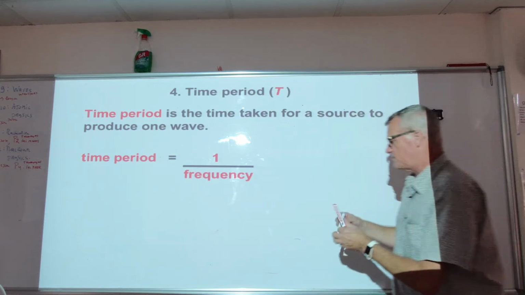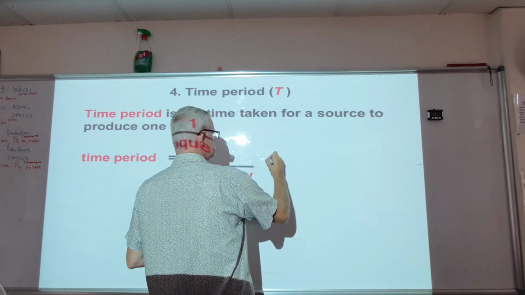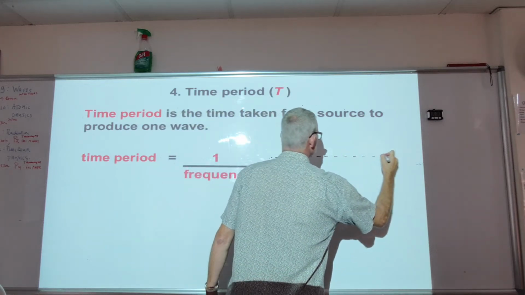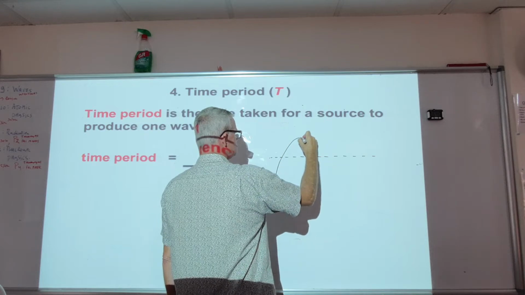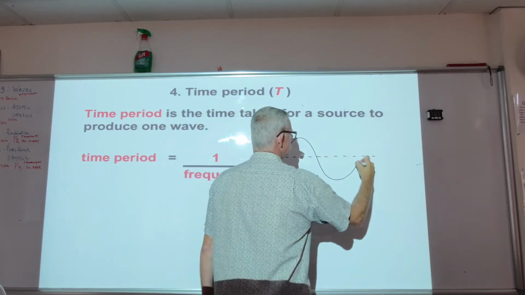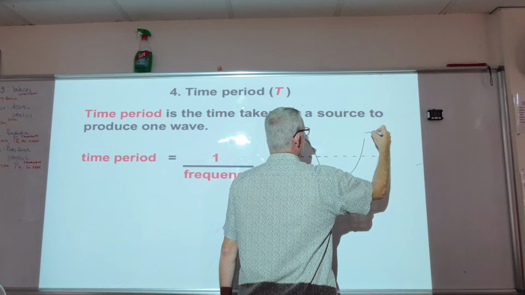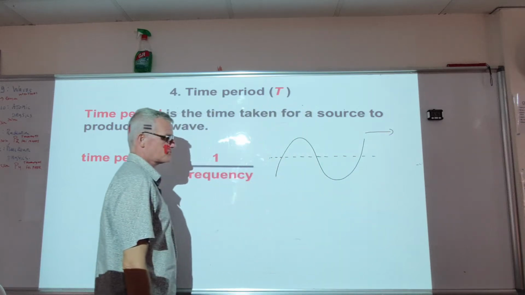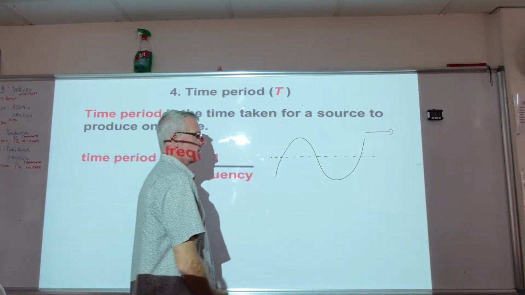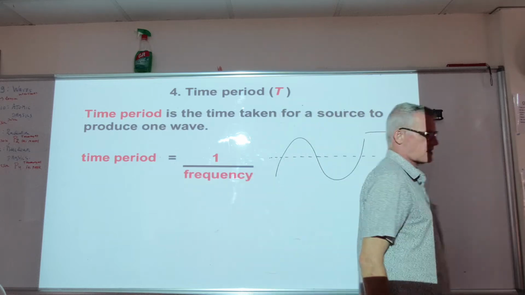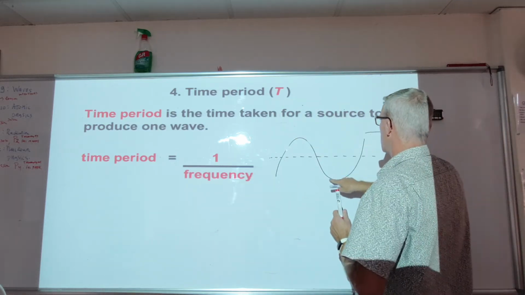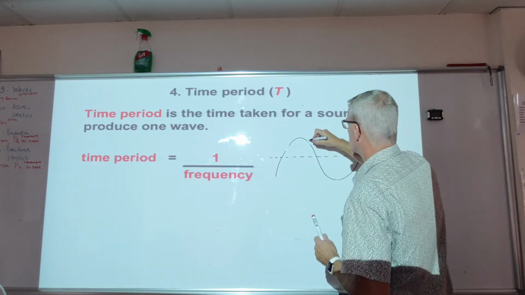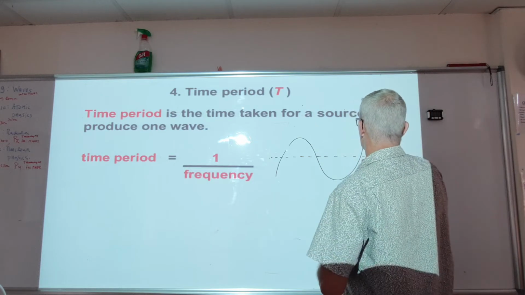Now let's look at the wave. Here I have my wave, and this one is progressing in that direction. Let's say one wave is 1 complete vibration until it comes back to the same point.